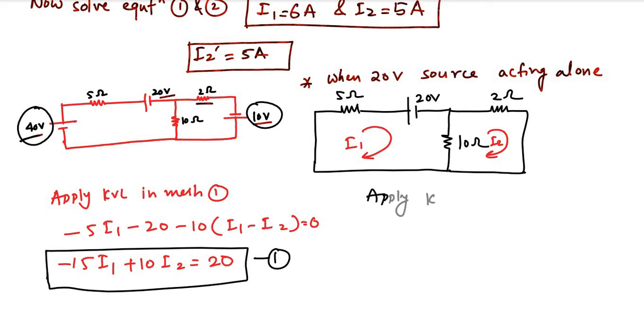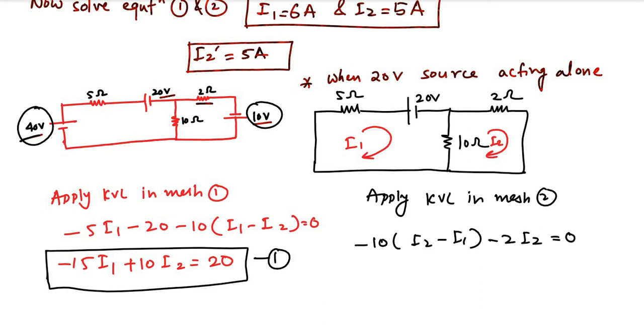Now apply KVL in mesh 2. So it is minus 10 (I2 minus I1) minus 2 I2 equal to 0. Now if you simplify it, you will get 10 I1 minus 12 I2 equal to 0.